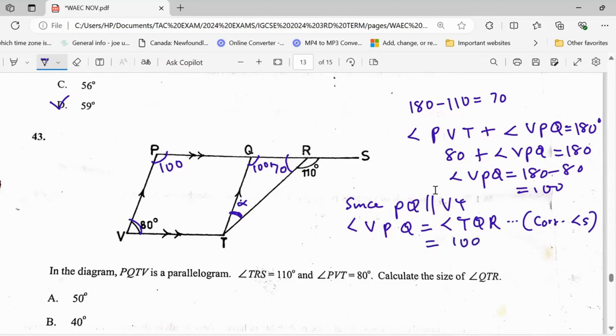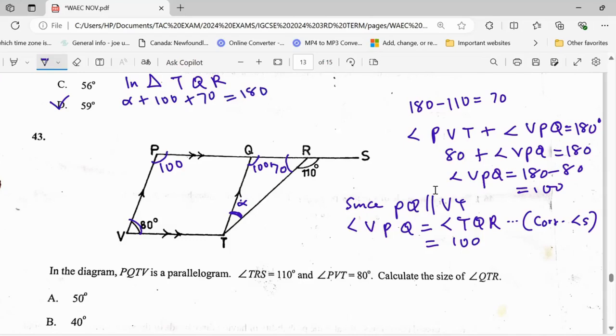Now, looking at this triangle TQR, we have two of the three angles given. So we already have 170. This third one is alpha. So in this triangle, if I add alpha, add 100 and add 70, I expect to get 180.